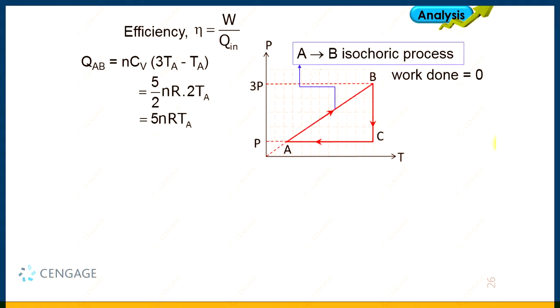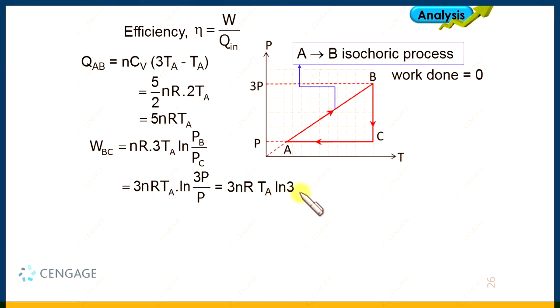But here we are given pressure, and we know in an isothermal process P is inversely proportional to V. That means in the natural log we can write initial pressure divided by final pressure. This formula can be used, right. Now, we can substitute the values. P and P get cancelled, this is equal to 3 nRTA natural log 3, and this is also the value of QBC. That means this value is again positive.